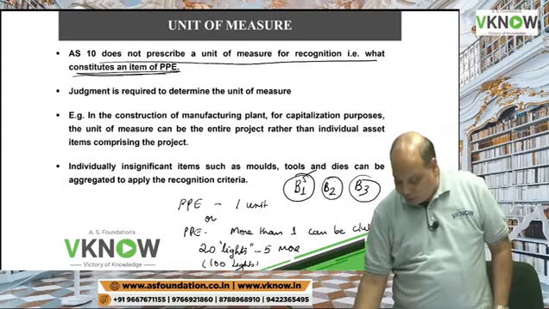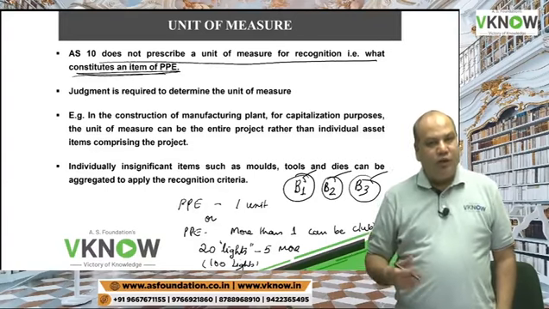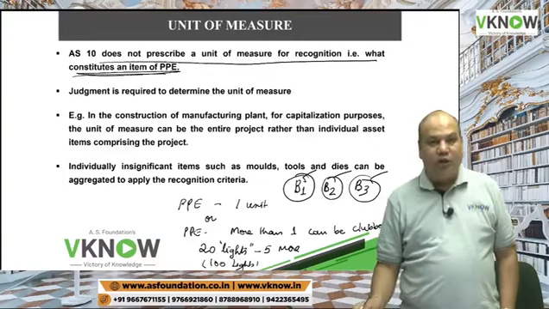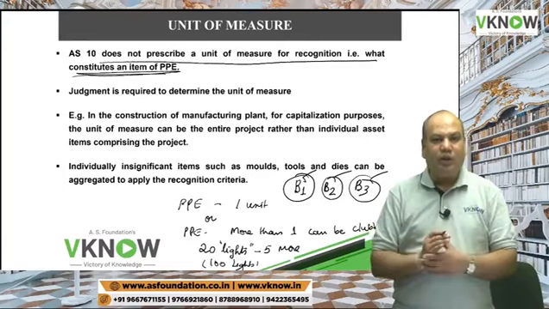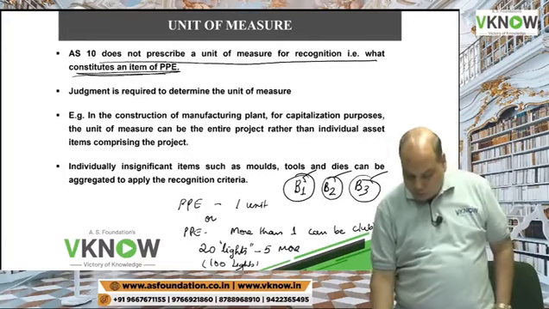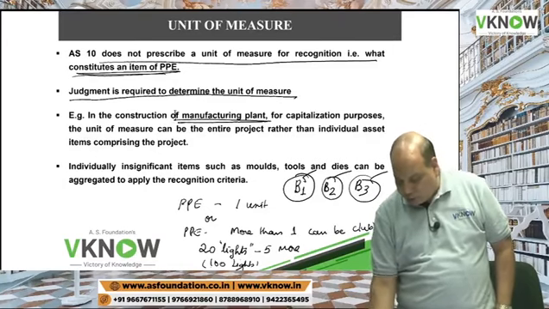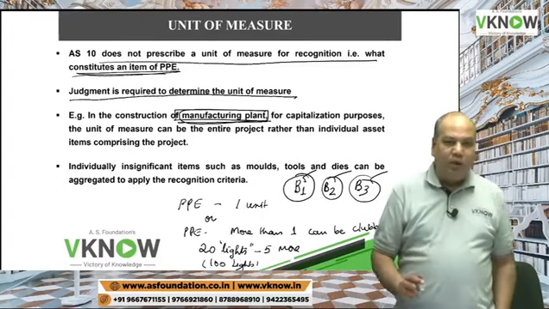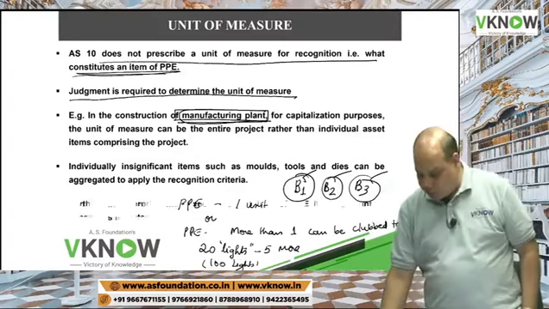For items like buildings, machines, cars, we can have each item as a separate unit of PPE, but for items like benches, chairs, electrical points, they can be combined together as one unit of PPE, hence judgment is required. Sometimes some companies call the entire manufacturing plant one unit. The whole manufacturing plant can also be treated as one unit. So some degree of judgment is required here.